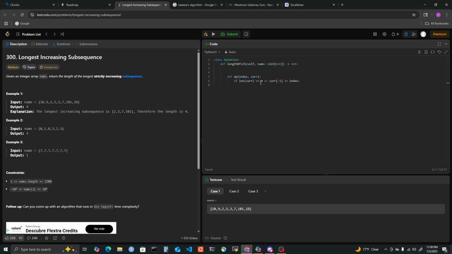Then we're going to do a, there you go. We can take if it's this way.